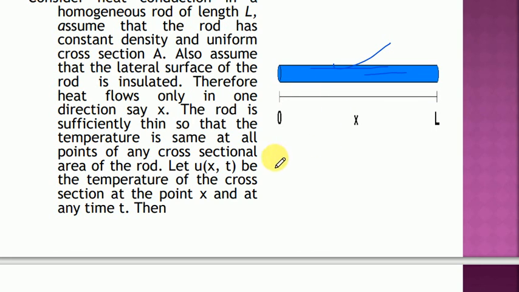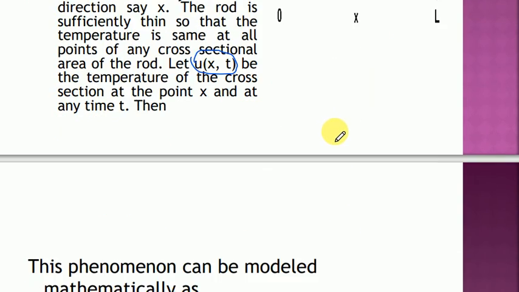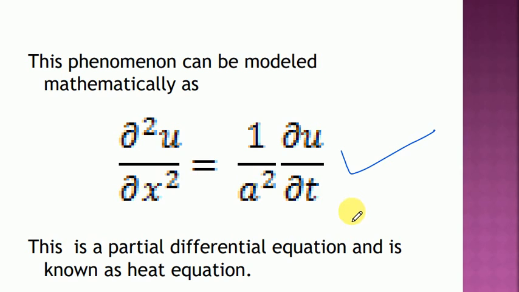If we assume that u(x,t) is the temperature of the cross section at any distance x and at any time t, then this physical situation can be modeled as a partial differential equation, that is del 2u over del x square equals 1 upon a square del u over del t.